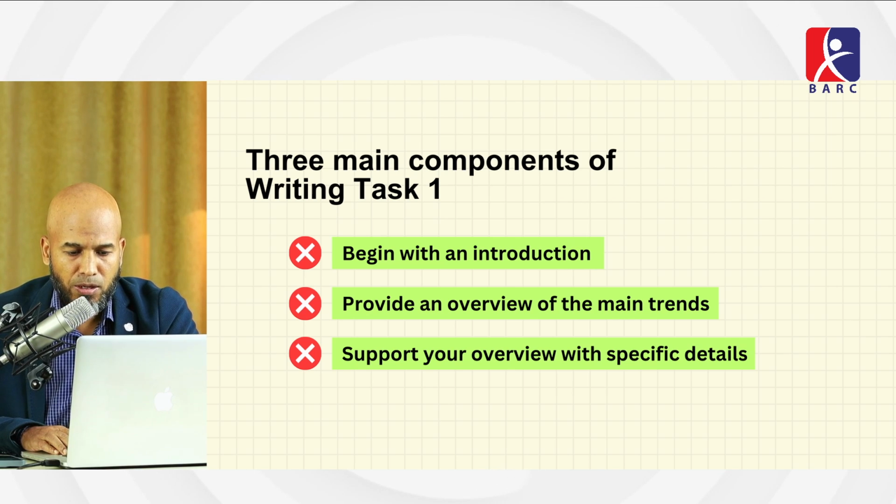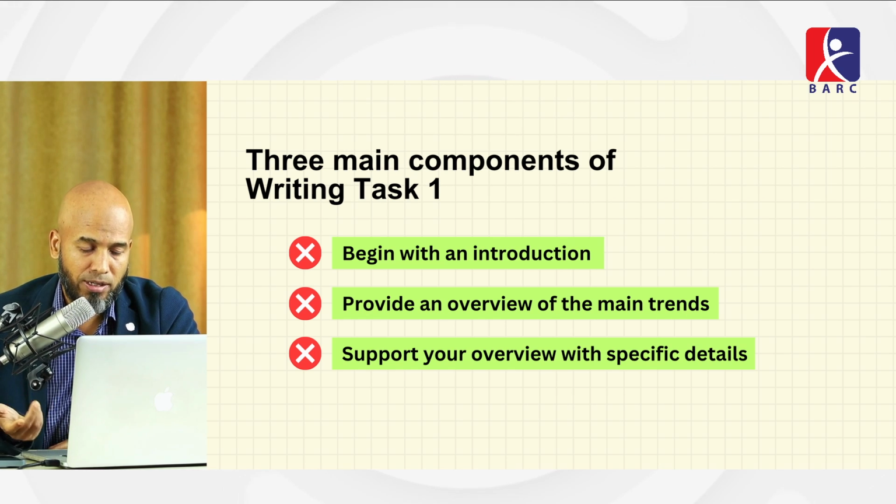Secondly, provide an overview of the main trends or features illustrated in the visual data, highlighting the most significant information. And finally, support your overview with specific details such as data comparison, specific figures, or notable points.